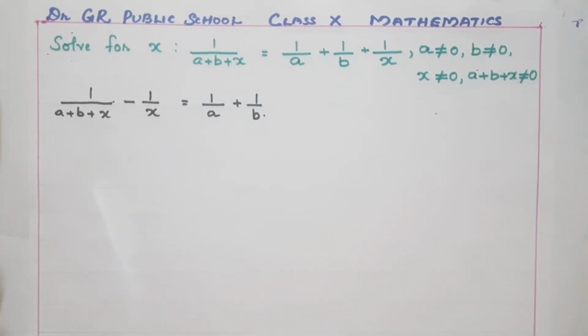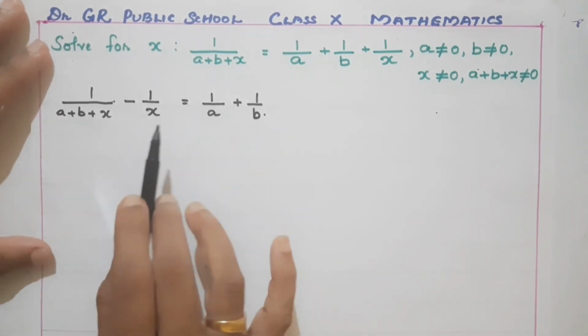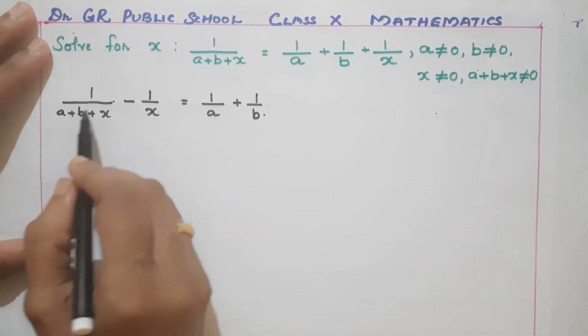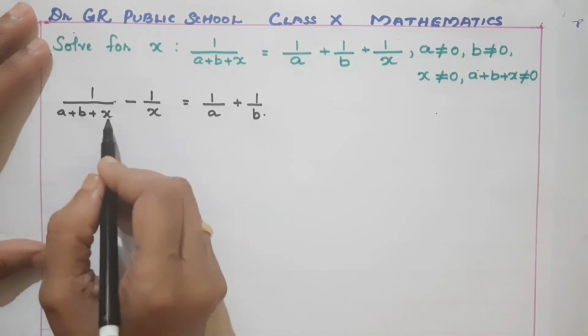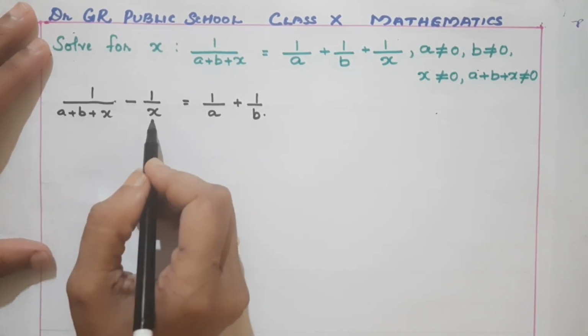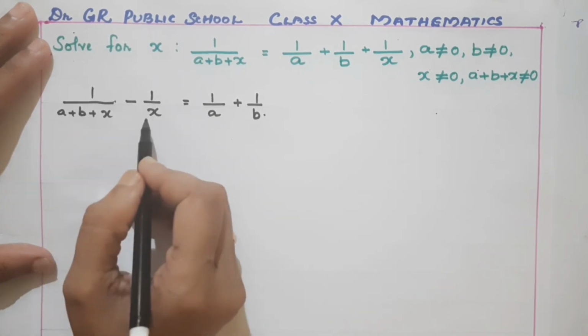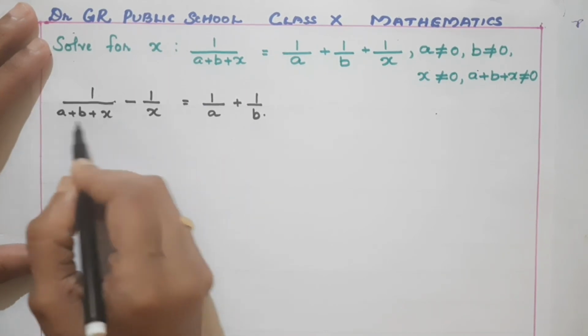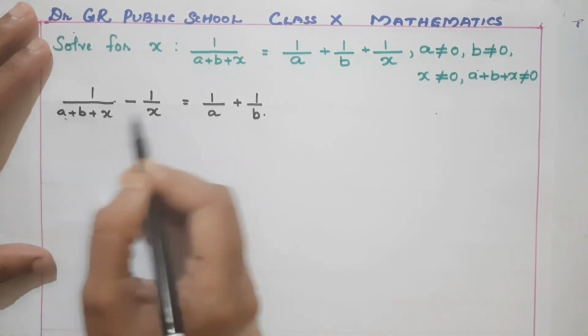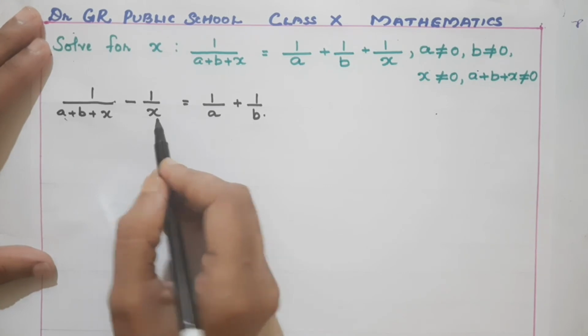Okay. Now we have to take the LCM on both sides. Here what is the LCM? A plus b plus x, and here the denominator is x. So what is the LCM? Here a plus b plus x is one expression. This x is another expression.